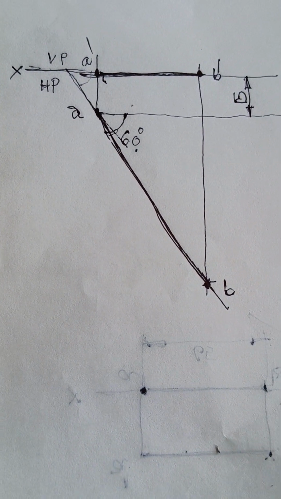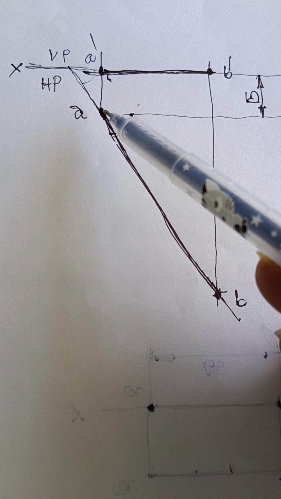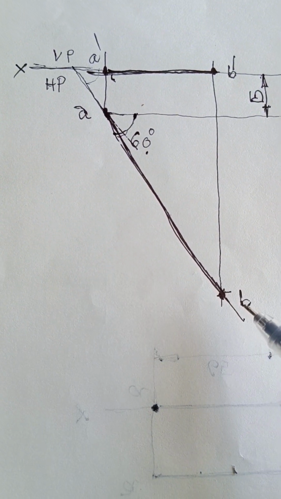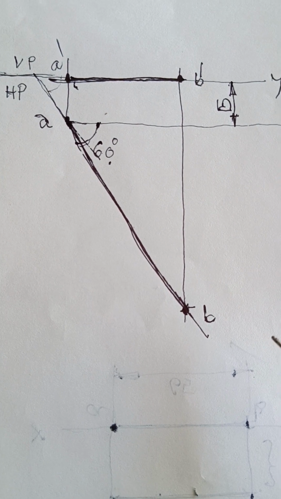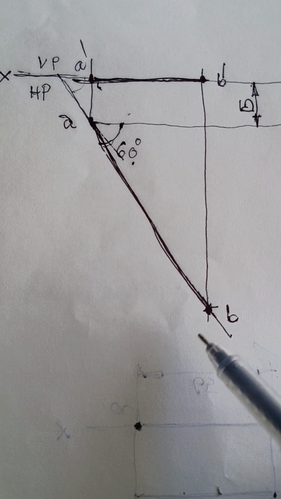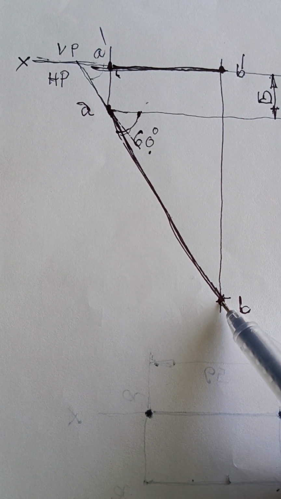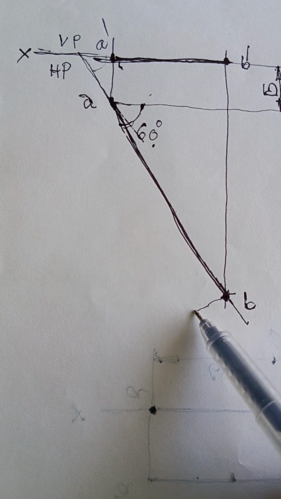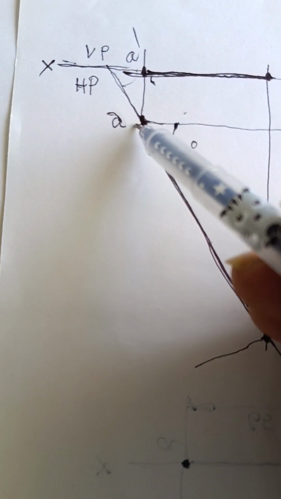To show the length of the line, this top view of AB gives us the true length of the line. Why? Because the AB straight line is placed in the horizontal plane, parallel to the horizontal plane, so this top view gives us the true length. From A and from B you need to draw perpendicular extension lines.